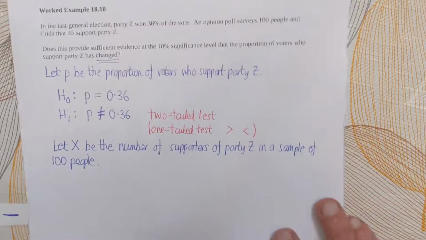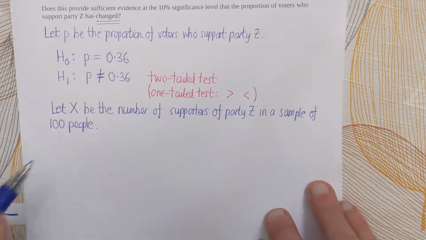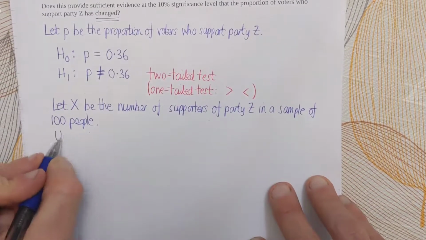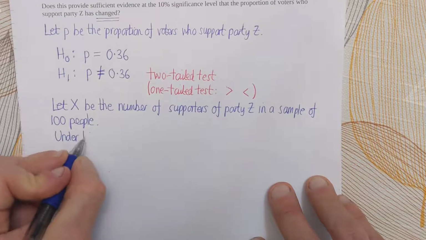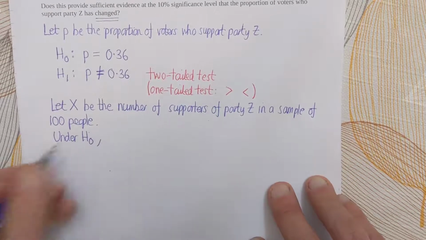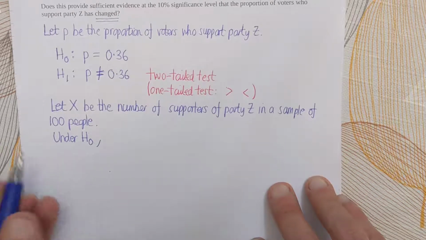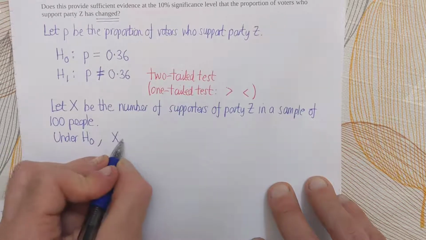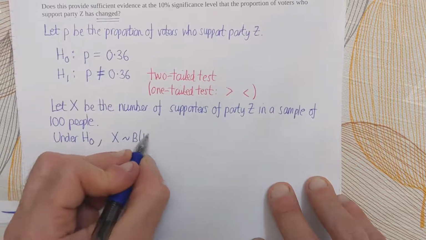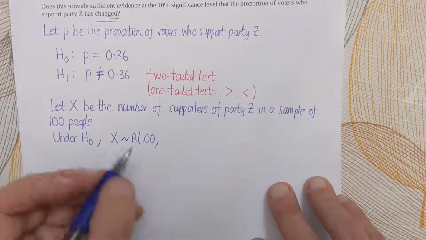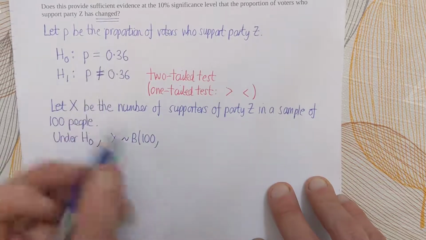You then write under H0, which is assuming that the null hypothesis is true. Under H0, X has the binomial distribution, N is 100, and P is 0.36.